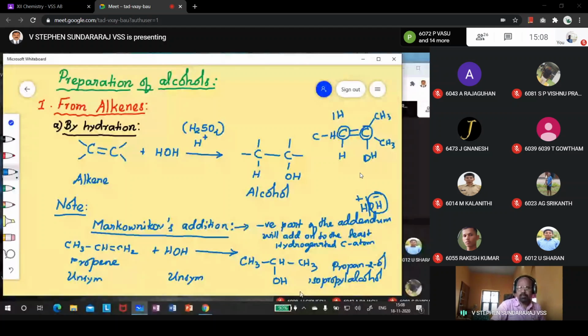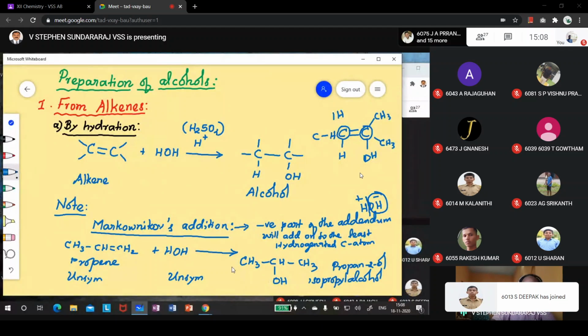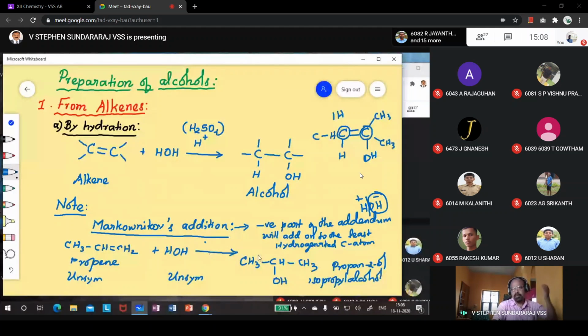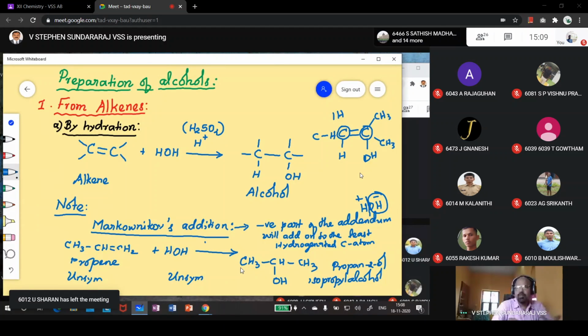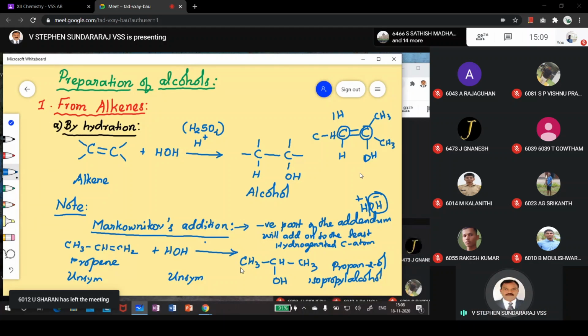So if anybody wants, during the conversion, propan-1-ol, immediately what you do? Here you write peroxide, so that it is anti-Markovnikov's addition. So as per your requirement, normally when you carry out Markovnikov's addition, if you want the addition to be opposite to Markovnikov's addition, then you use peroxide. Simply you put it above the arrow mark and below the arrow mark you write peroxide. That's all. Then the product will be according to anti-Markovnikov's, the Kharasch effect or peroxide effect we say.